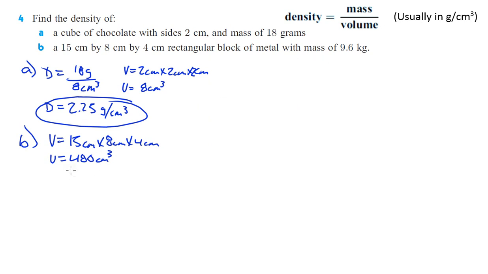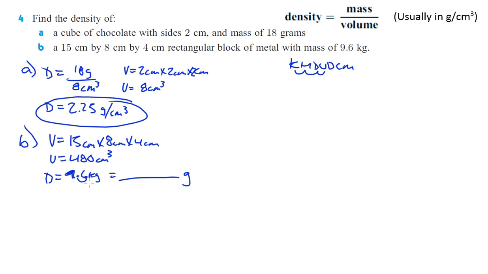Okay, the mass is 9.6 kilograms. We've got to turn that into grams. So King Henry died unexpectedly drinking chocolate milk, right? We move it from kilo over to regular grams, 1, 2, 3 spots to the right.